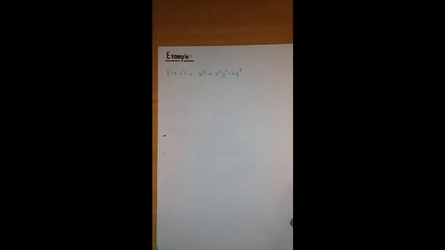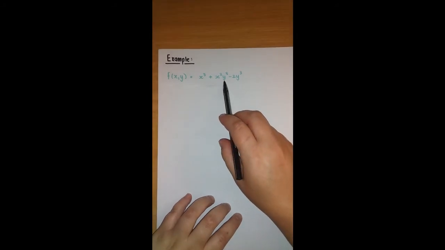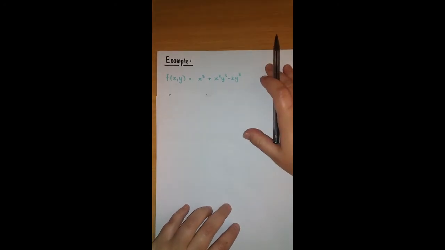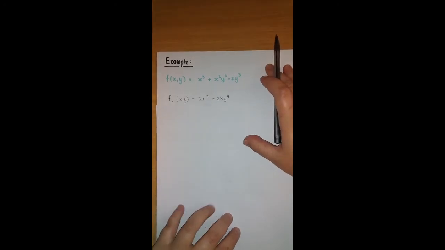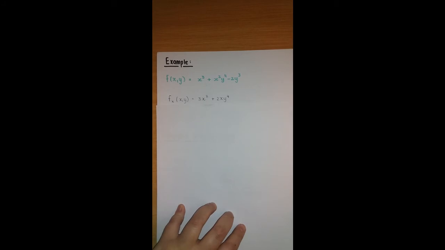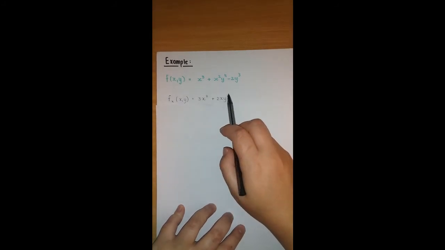An example would be a function of x and y equal to x cubed plus x squared y to the power of 4 minus 2y cubed. Let's say we want the derivative of f towards x, and that would be equal to 3x squared plus 2xy to the power of 4.